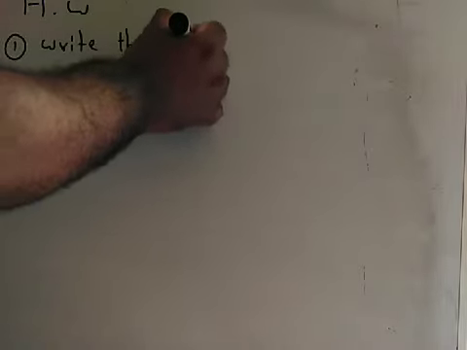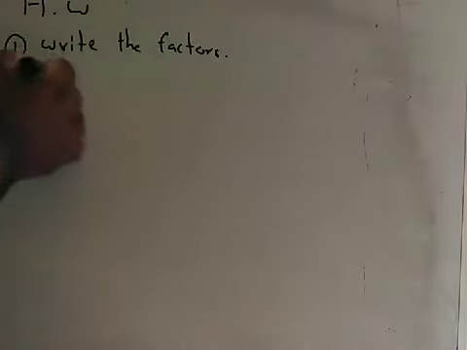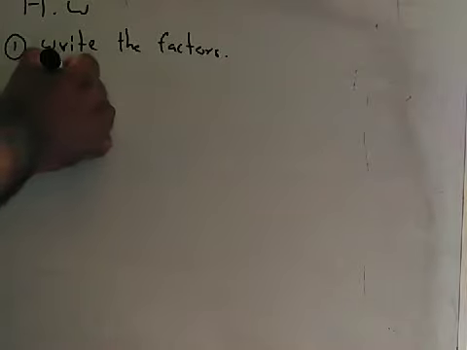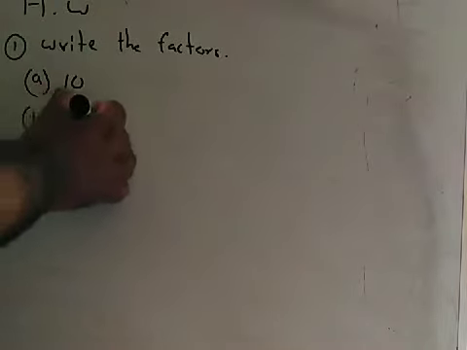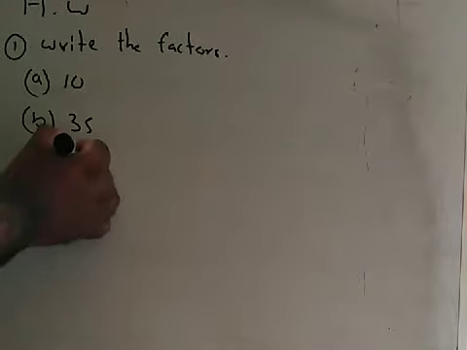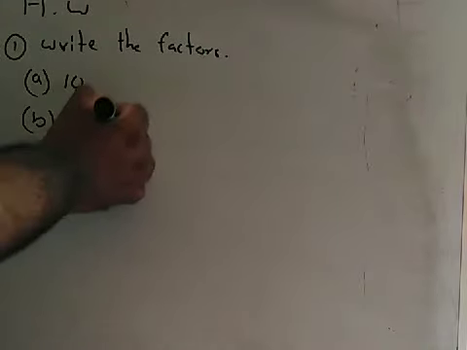Right, can you do this homework at home? Homework: write the factors. First one 10. Second one 35. B, C 100.